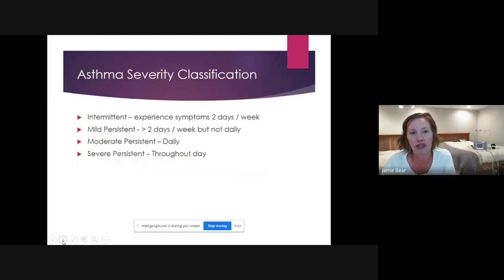And then being able to classify the severity: intermittent means that the patient experiences symptoms about 2 days per week. Mild persistent says greater than 2 days per week, but not daily. Moderate persistent would mean that they experience symptoms daily. Severe persistent means that they experience symptoms throughout the day.